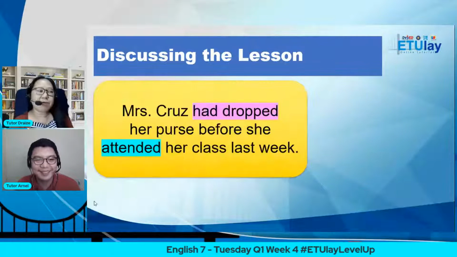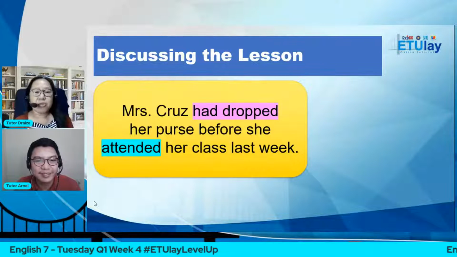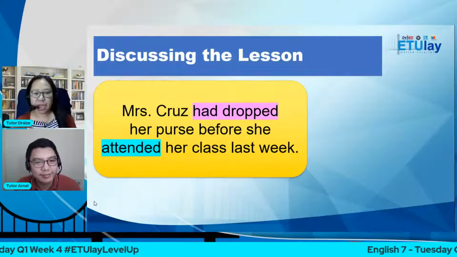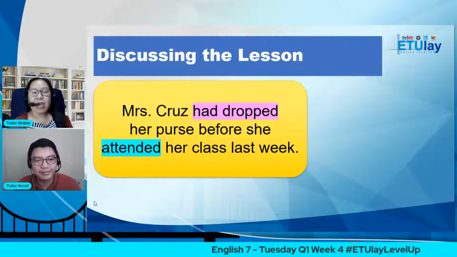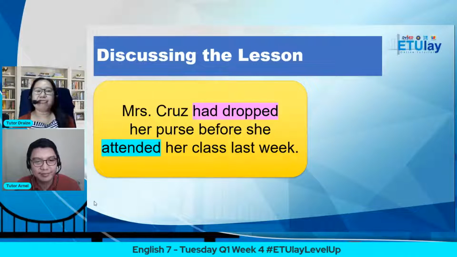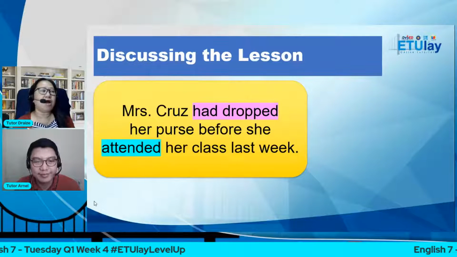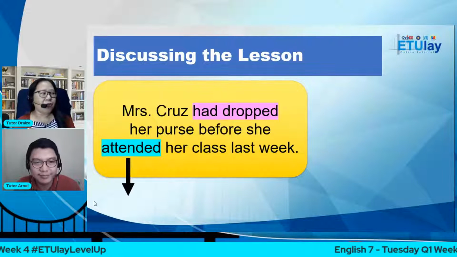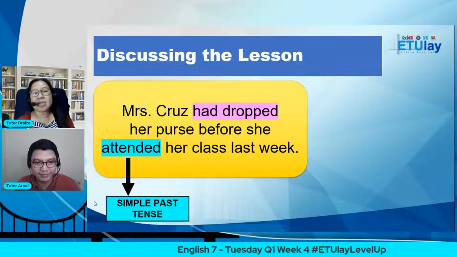Okay? Now let's proceed with another example. This time it says Mrs. Cruz had dropped her purse before she attended her class last week. Now this time we have two again, had dropped and attended. Both these words are verbs. First, we have attended. Attended is in the simple past tense.